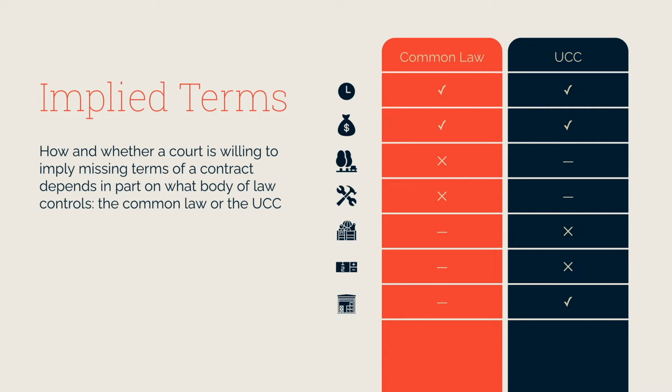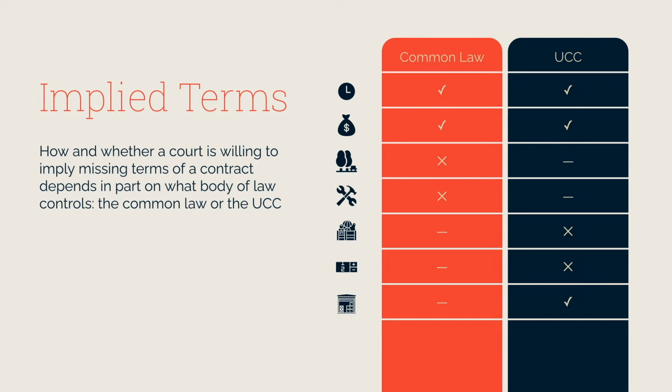So the UCC specifically says if no time is laid out for the delivery of the goods or for payment, then we imply a reasonable time, which is we're going to look at all the surrounding facts and circumstances, the nature of the goods, the nature of the market we're in, and the transaction involved, and say what's the time. And the UCC also says with the price, well, what's the price? It's a reasonable price.